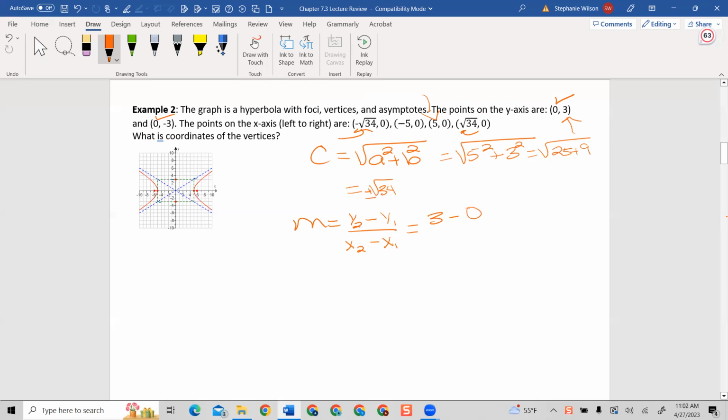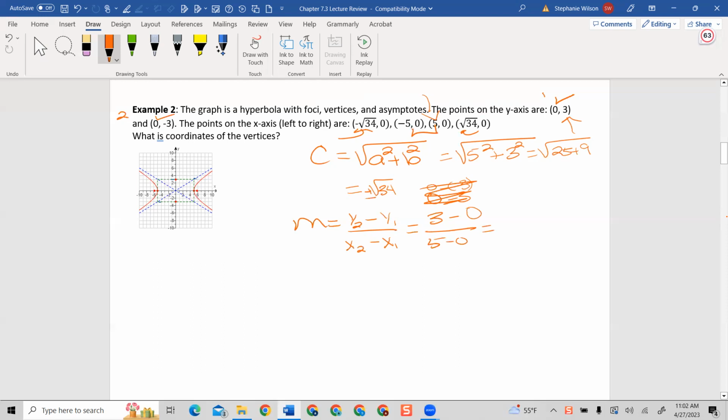Oh, my apologies, I read it backwards. We're going to call this 1, call this 2. Or you could flip the order. Just be careful how we write this. It could have been this or this, depending on which order we chose. I'm going to stick with the order I went with, but these are the 2 ordered pairs we're working with.